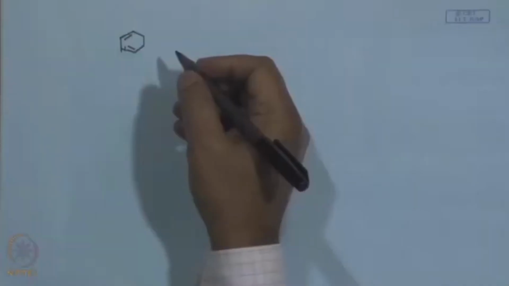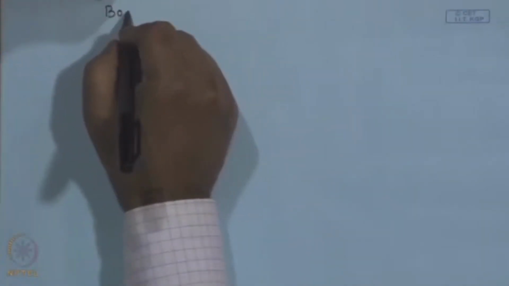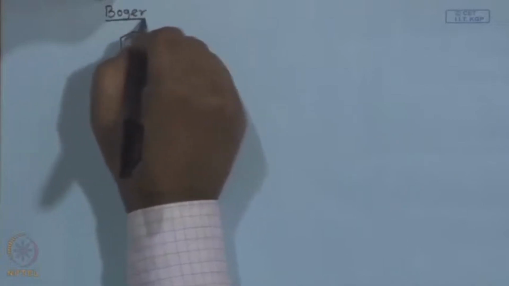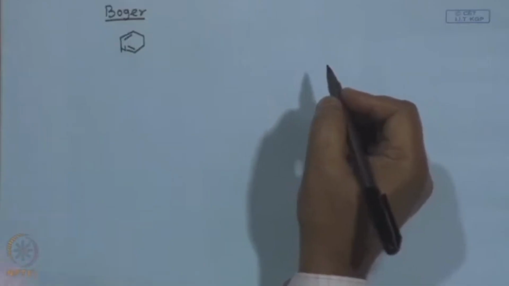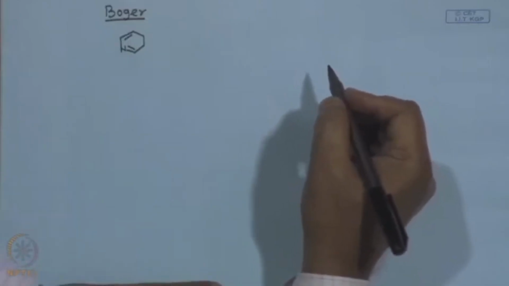This concept was of course discovered by somebody else, but a scientist named Dale Boger, maybe many of you have heard of him, is at the Scripps Research Institute. He popularized this reaction, so sometimes people call it Boger's reaction.